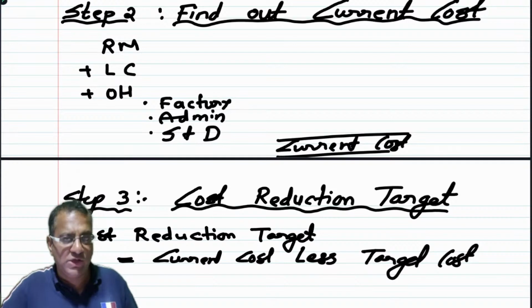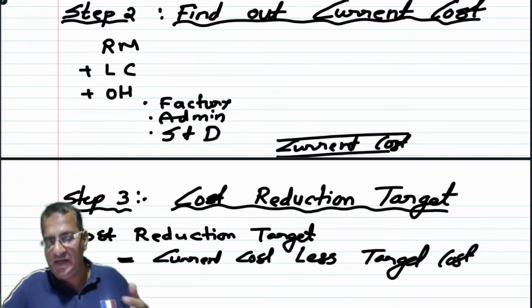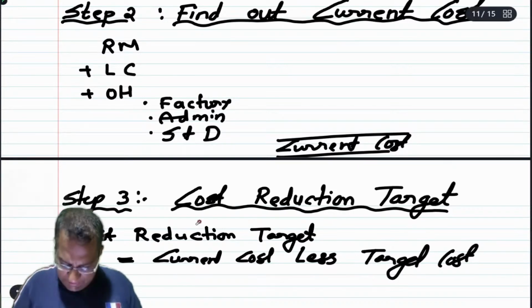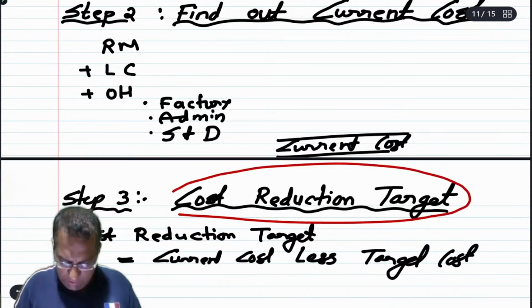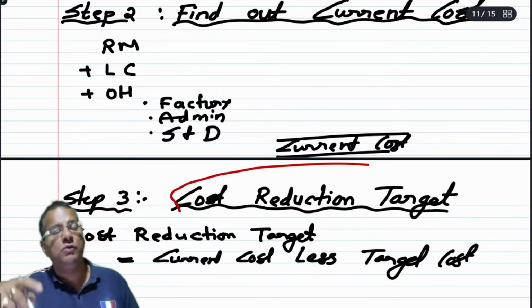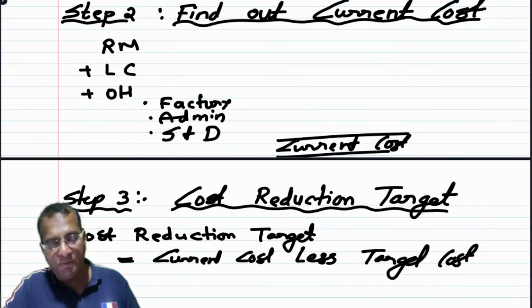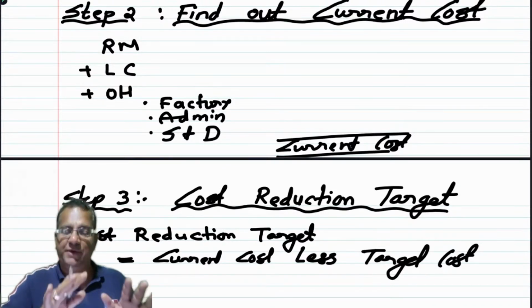Now, once you have found out the target cost that should be incurred and the current cost that is coming on paper, the difference between current cost and the target cost is known as cost reduction target. Unless and until this target is achieved, the product will not go into the manufacturing stage. If we are not able to achieve the cost reduction target, then this idea will be dropped here.